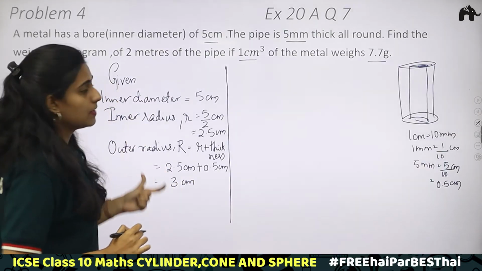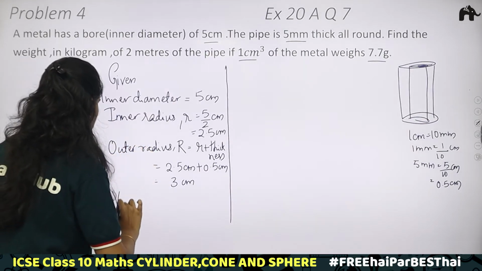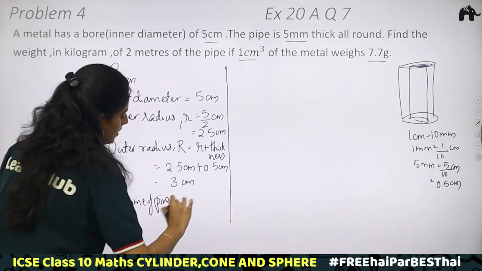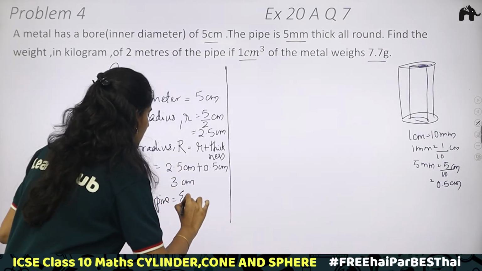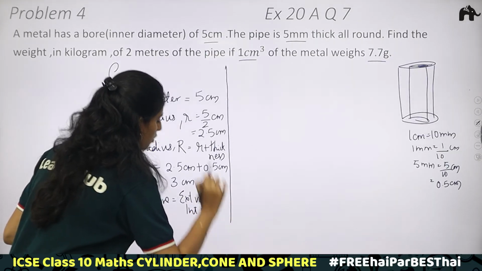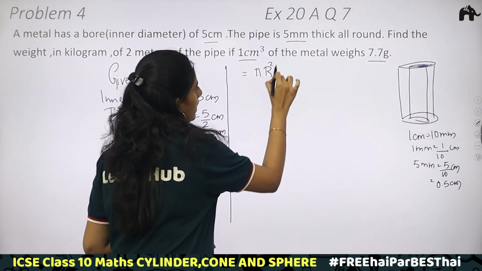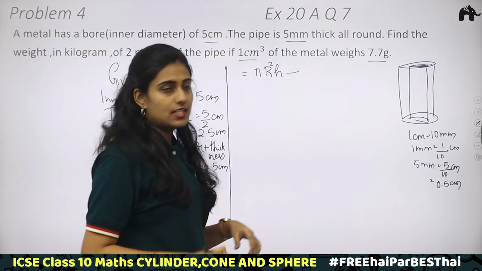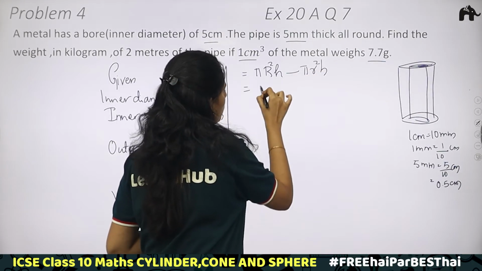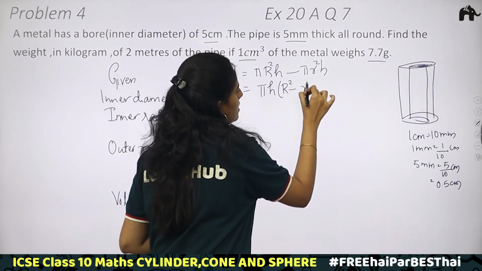Now we can separately find the volume. So to get the volume of pipe, we'll be having external volume minus internal volume. External volume will be pi capital R square into H minus internal volume will be pi small r square into H, that is equal to pi H into capital R square minus small r square.